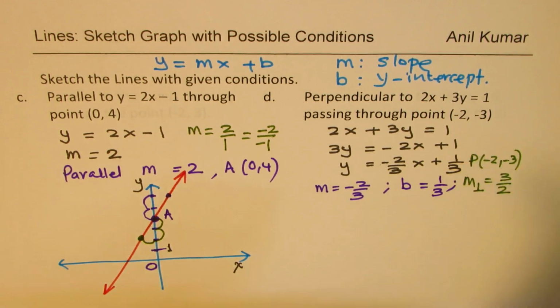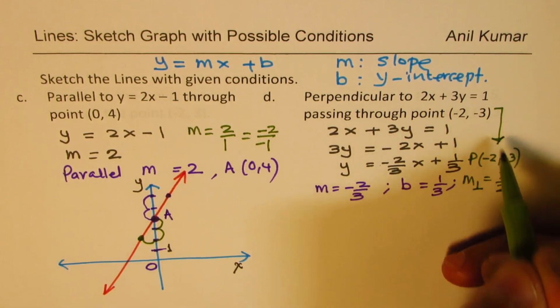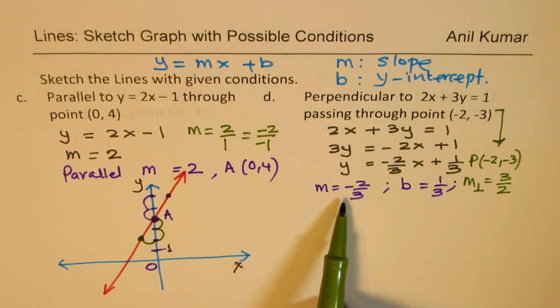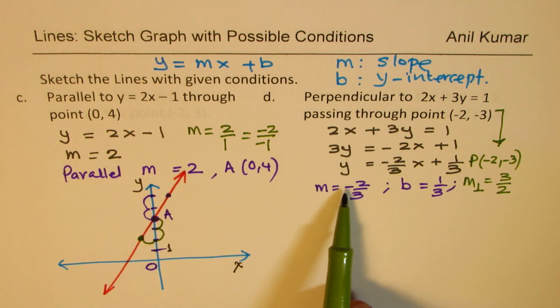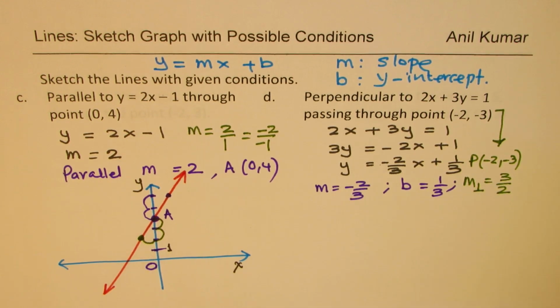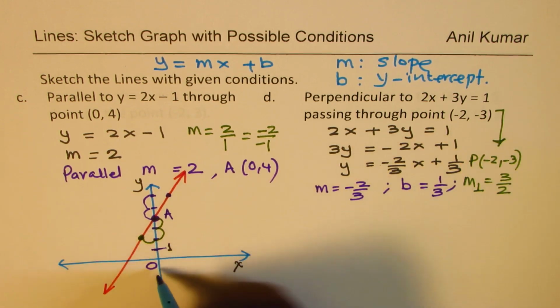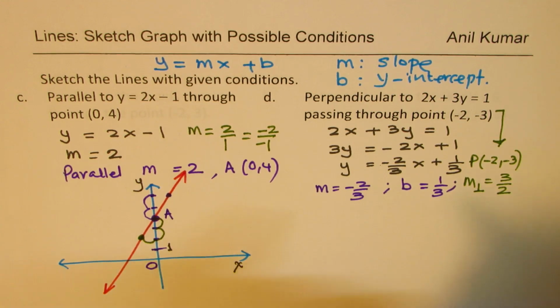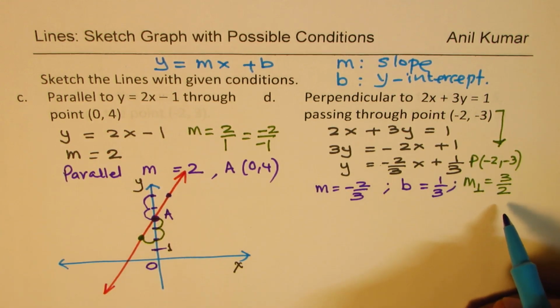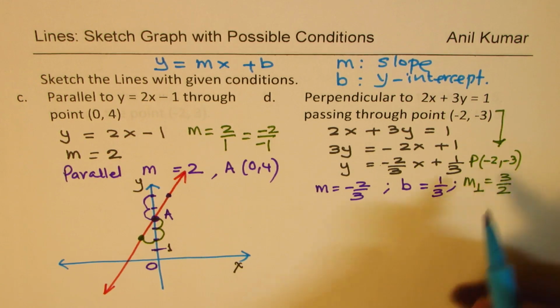So from the given equation, we found the required slope, which is negative reciprocal. So flip it, change the sign, 3 over 2. Positive slope, point is negative 2, negative 3. So negative 2 means going down and 3 means this side, and that is our slope, and the point here is minus 2, minus 3.